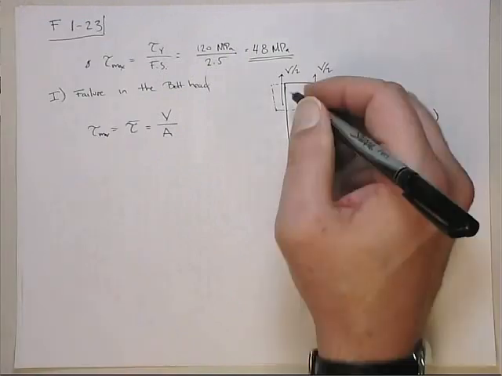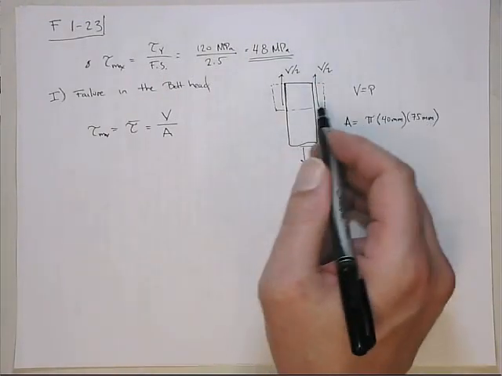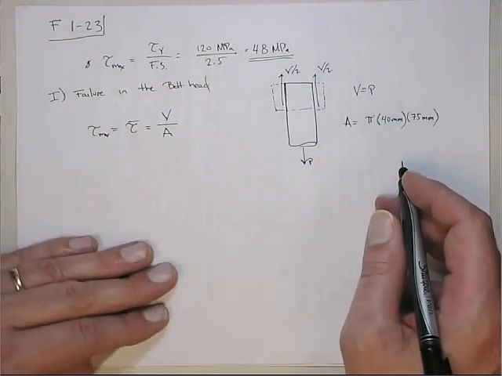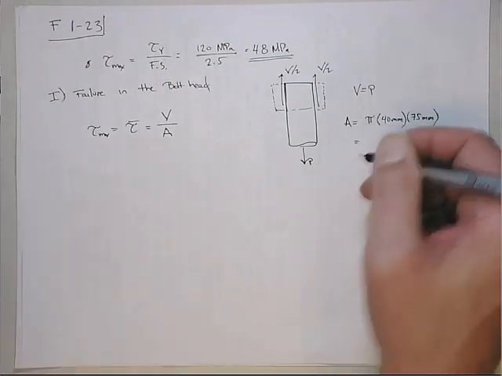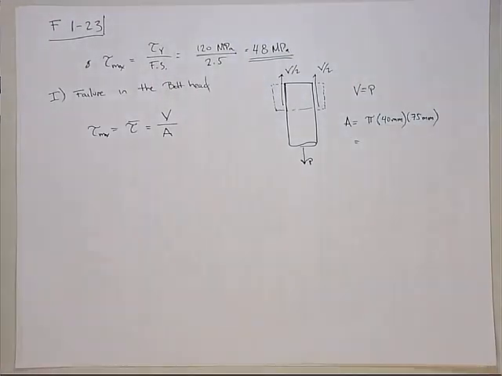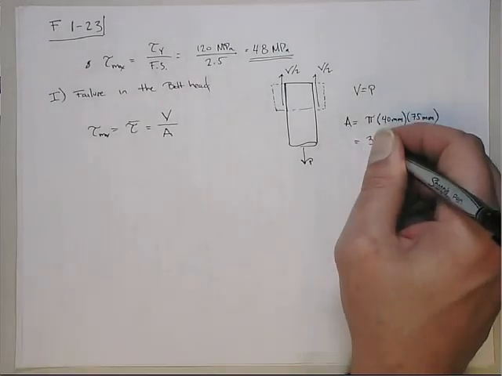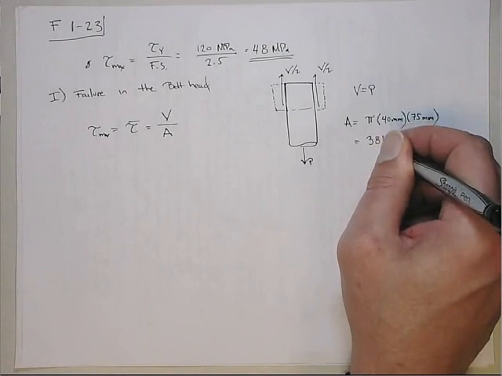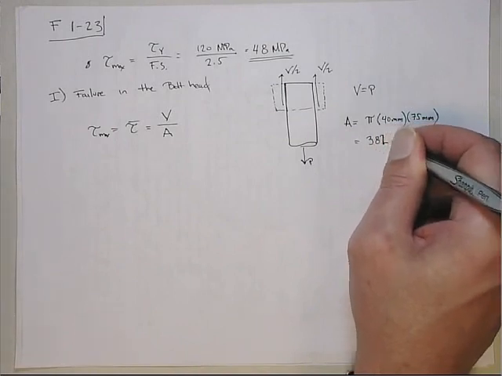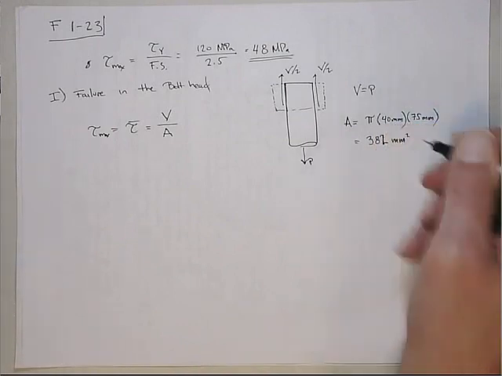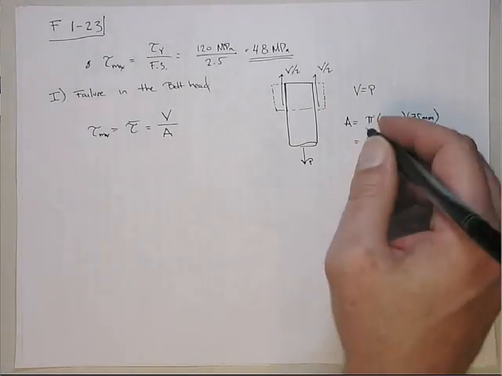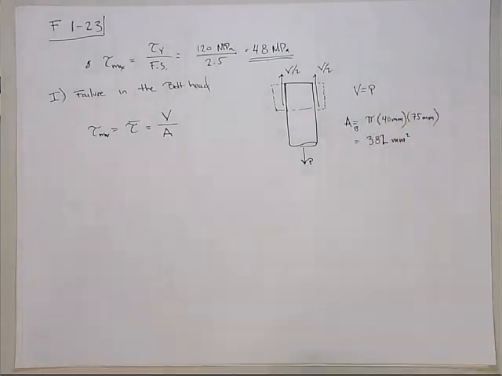So that's this shear area. We can calculate that out. That is 382 square millimeters. That's the shear area of the bolt head.